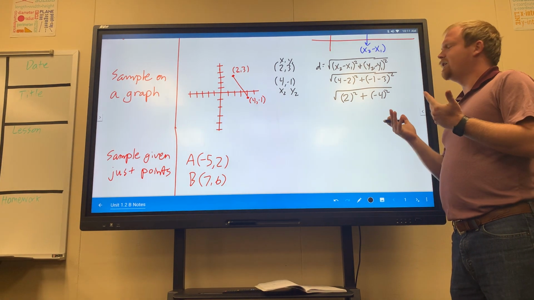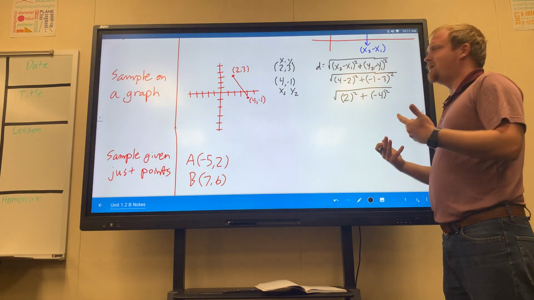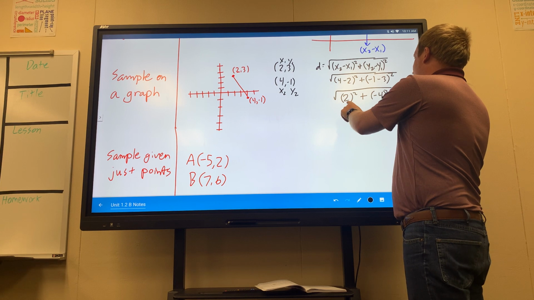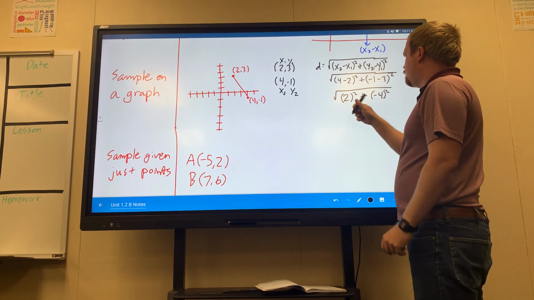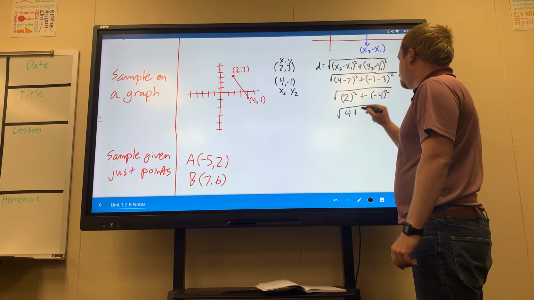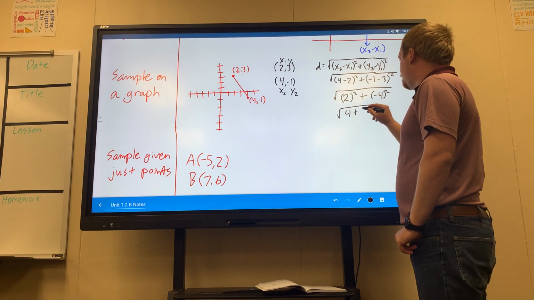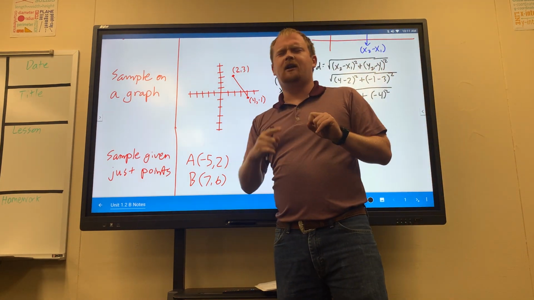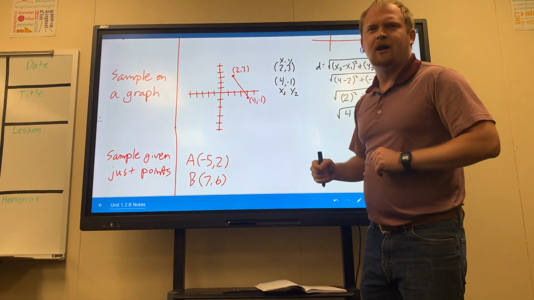After I finish the parentheses, I use my exponents. I have two exponents here: 2 squared and negative 4 squared. 2 squared gives me 4, plus negative 4 squared, which is a positive 16, because a negative times a negative gives me a positive.